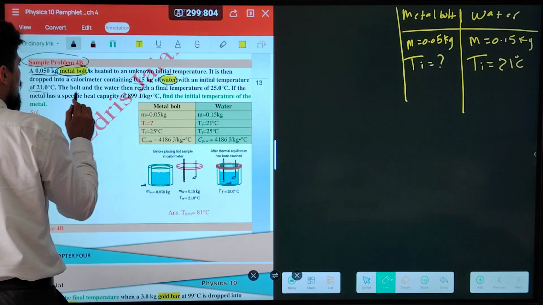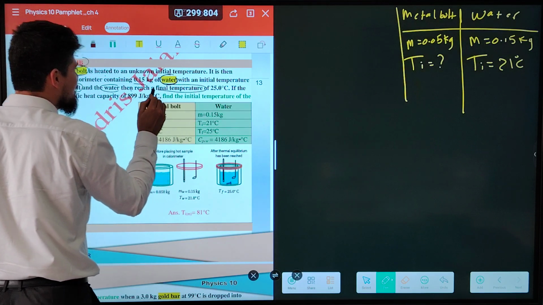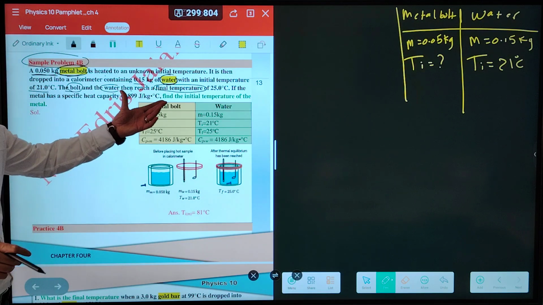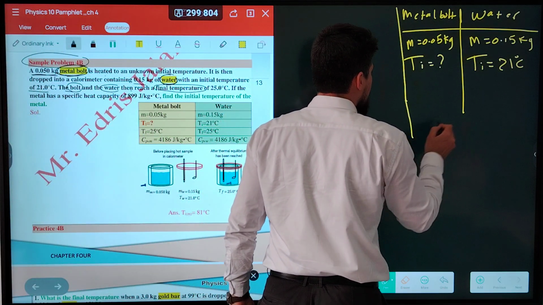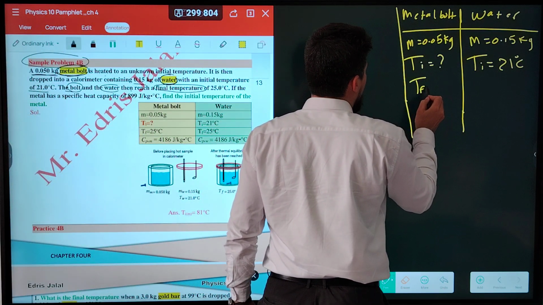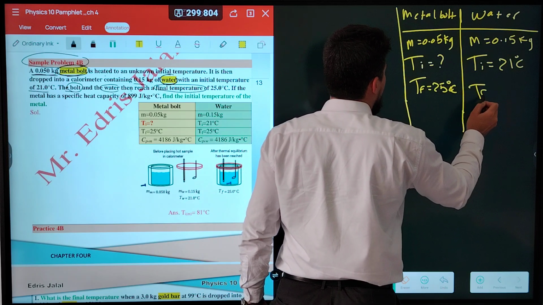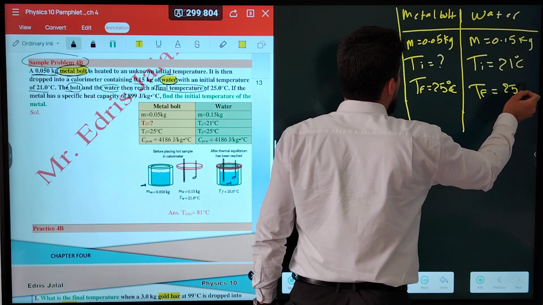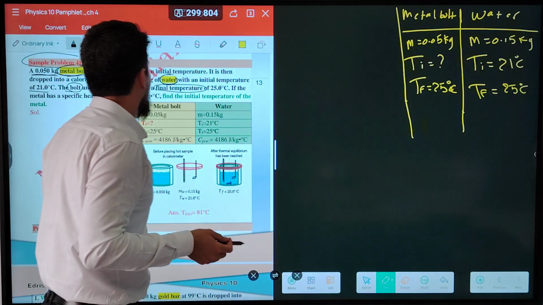The bolt and the water then reach a final temperature, guys. This is the final temperature for both substances, because they are mixed together. T final, 25 Celsius. T final for the water is also 25 Celsius. Thermal equilibrium.